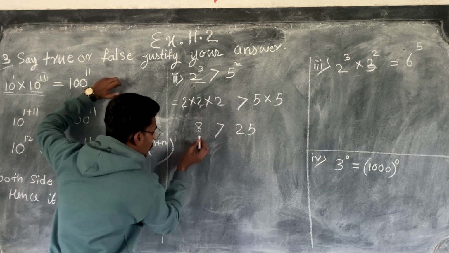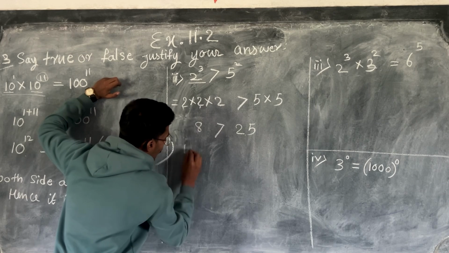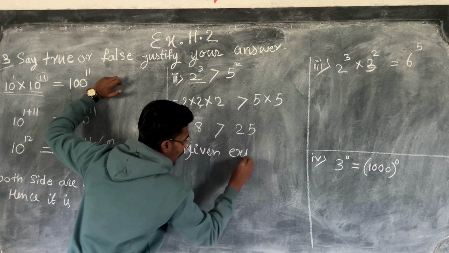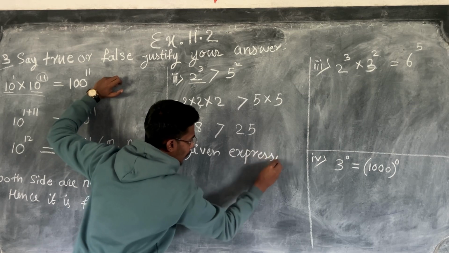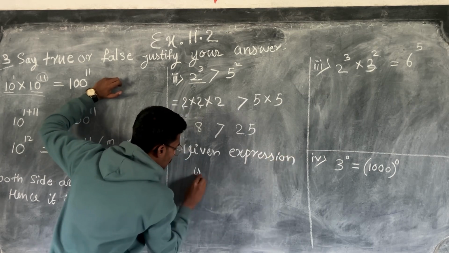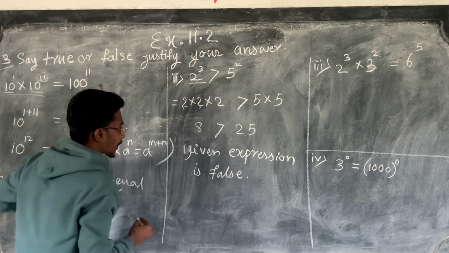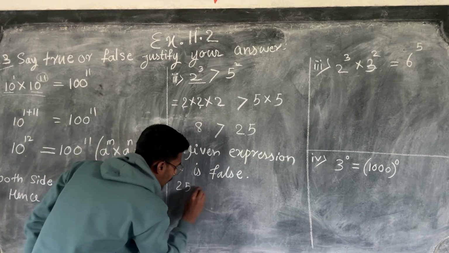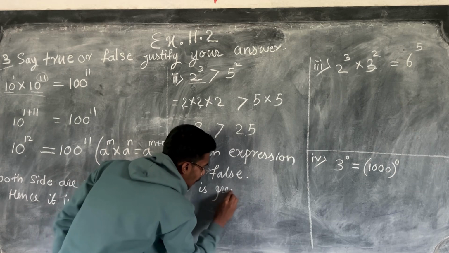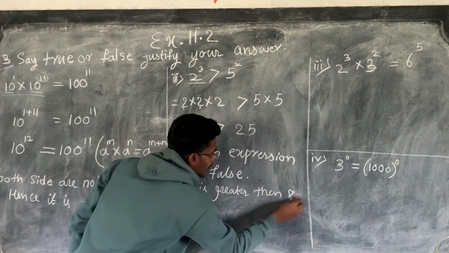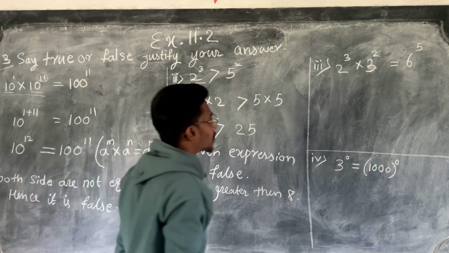That is wrong. So the given expression is false. Why? 25 is greater than 8. Come to the third question.